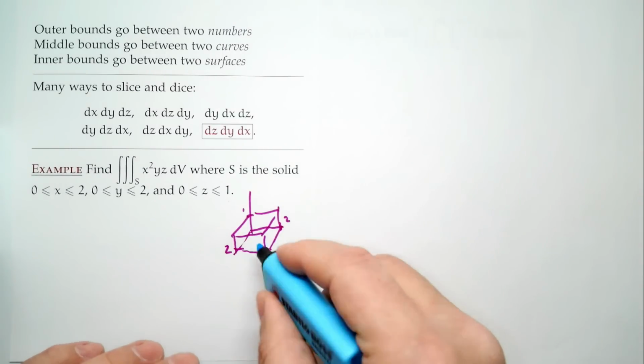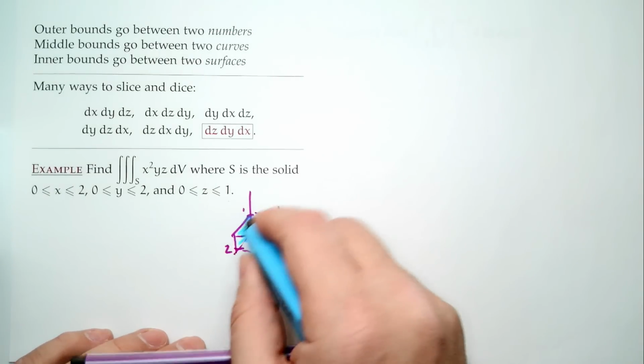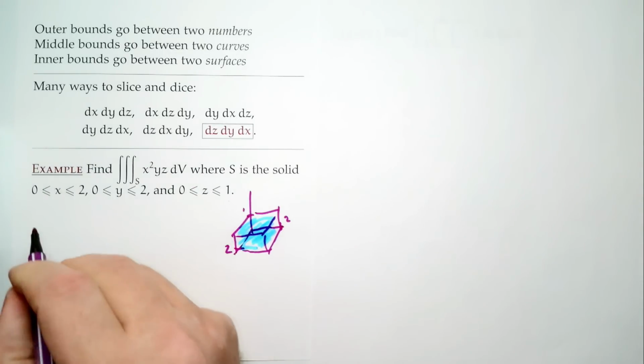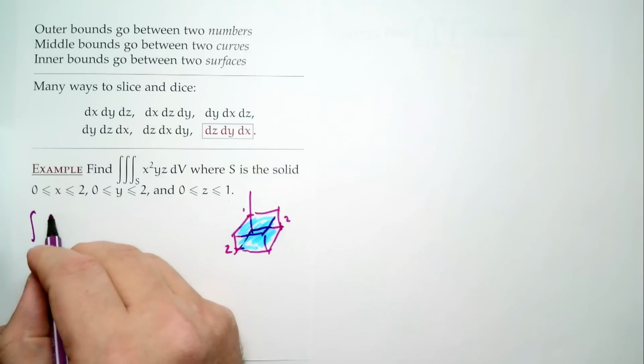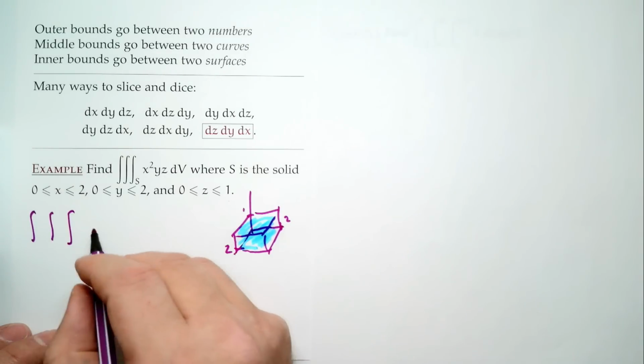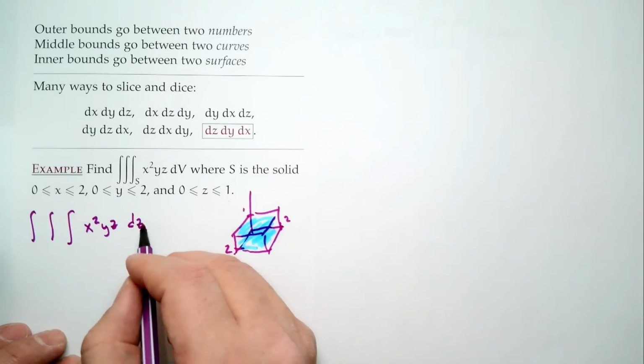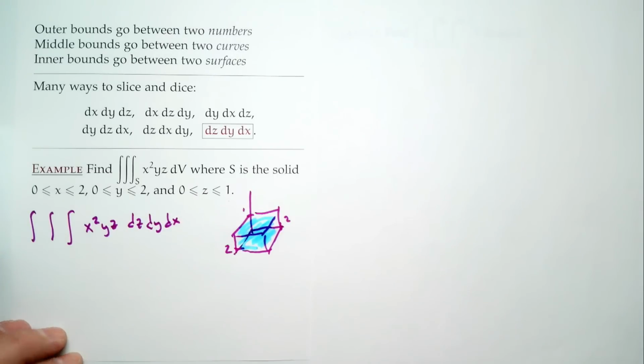Now, we have to make a choice. What's the order of integration we want to do? Because we have 6 different options. Which one do you want? Well, I said dz, dy, dx, so let's start with that. So integral x squared yz dz dy dx.